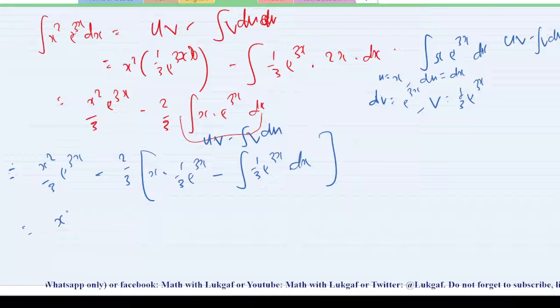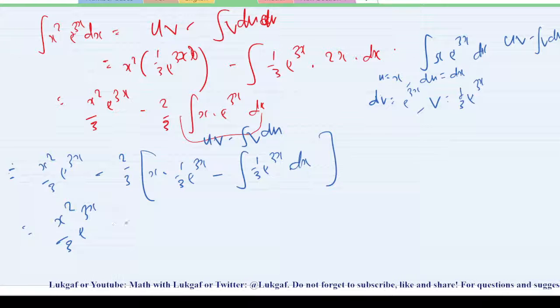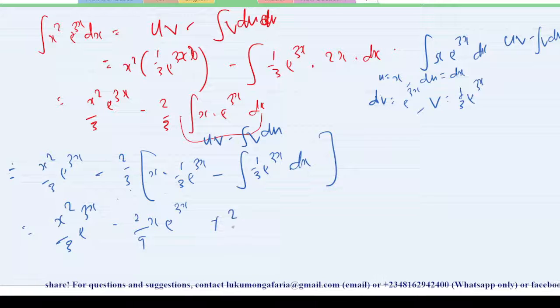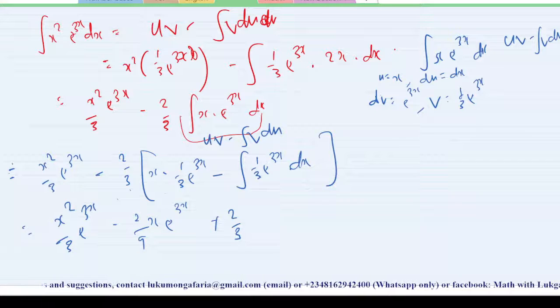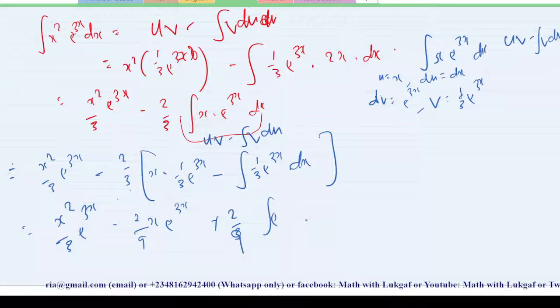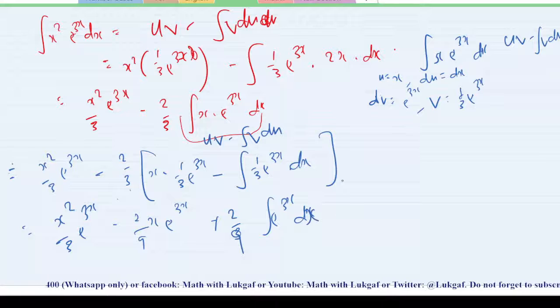Understand? Then you continue: you have x squared over 3 e raised to the power 3x minus 2 over 9 x e raised to the power 3x plus 2 over 3. If you take 1 over 3 out here, you can have 2 over 9 integral of e raised to the power 3x dx. You can see you can have it as a simpler term now.